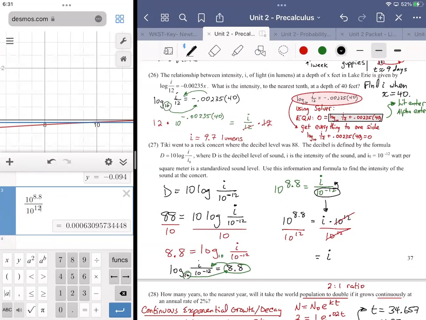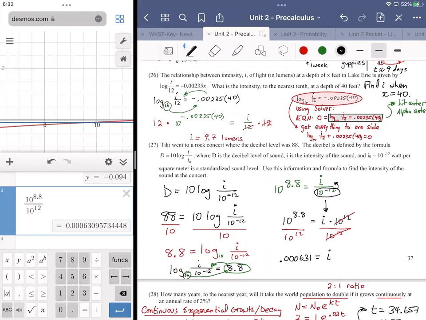That's possible also. But I mean, this is fine. 0.000631. All right. So there we go.